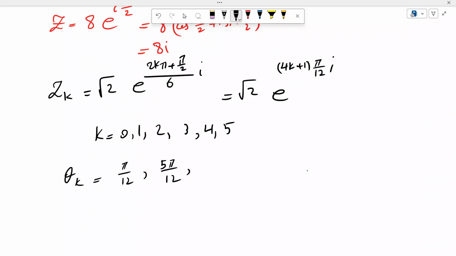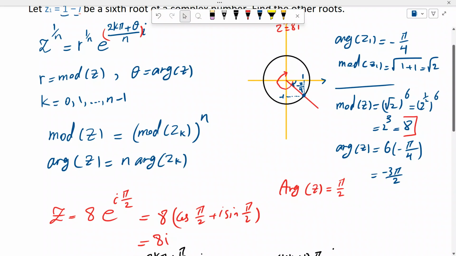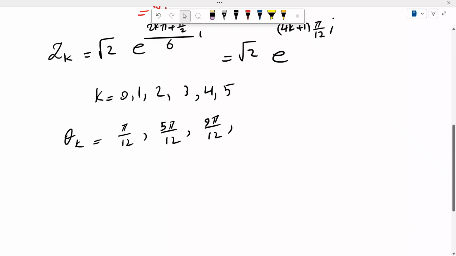If k is 2, it is 9 pi over 12. So we can see what angles we need on this circle to show the other 5 points. We have 6 points on this circle. One of them is given, here with angle minus pi over 4. And I can find the others by giving different values for k.